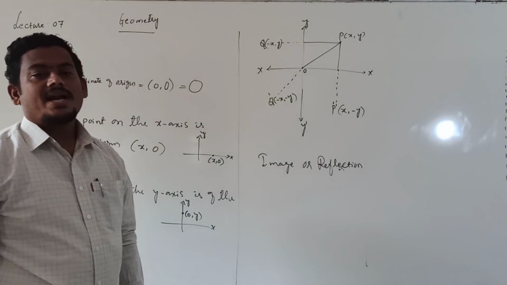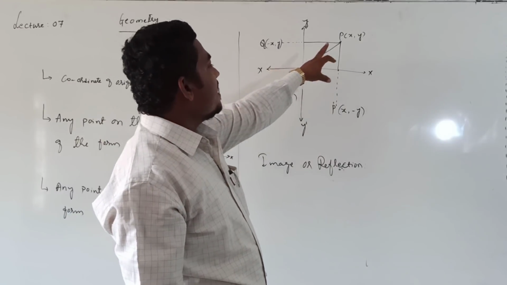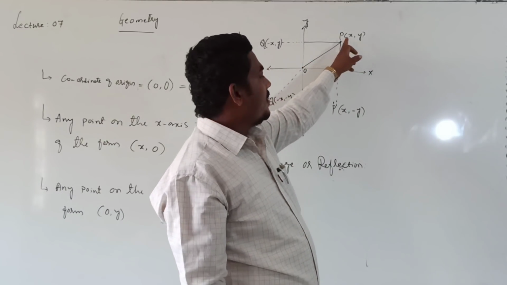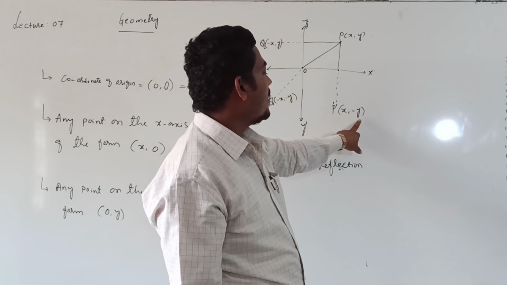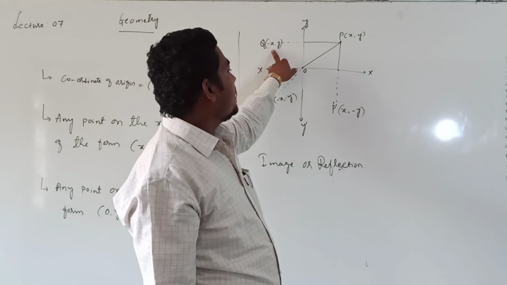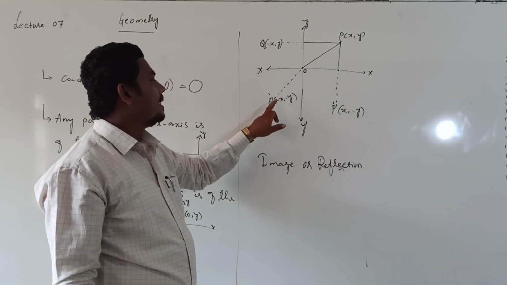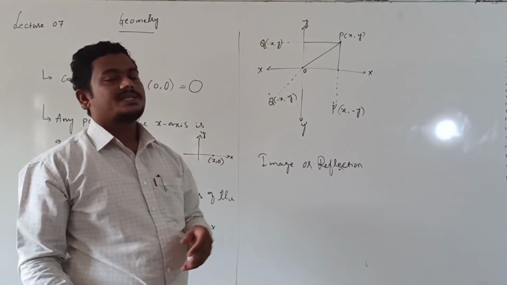Because in the third quadrant both coordinates are negative. Image of P of x comma y with respect to x-axis is x comma minus y, with respect to y-axis minus x comma y, with respect to origin minus x comma minus y.